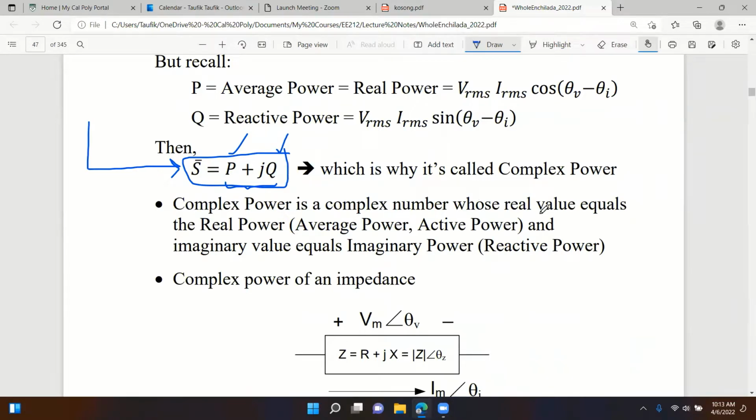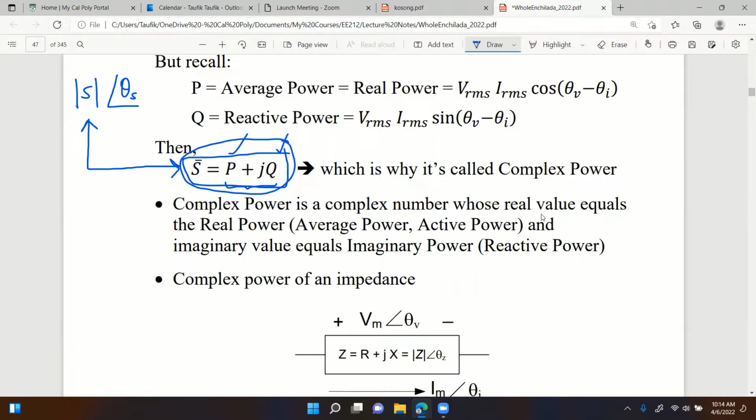So this complex number right here, I could convert it into a polar form that has the magnitude of the complex power and the angle of that complex power, right? Agree? Yes?